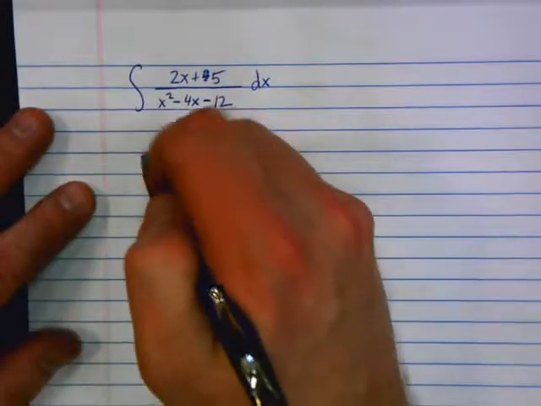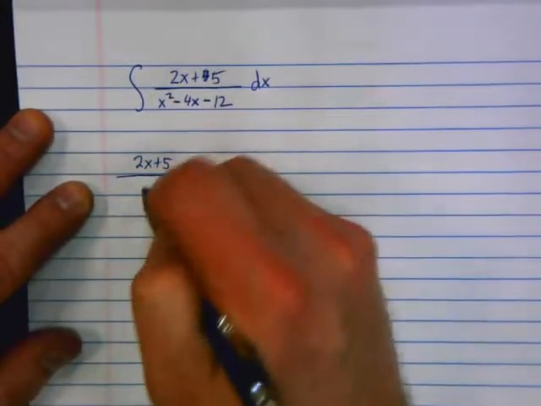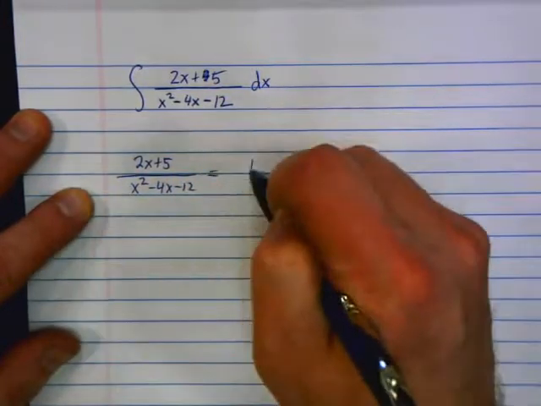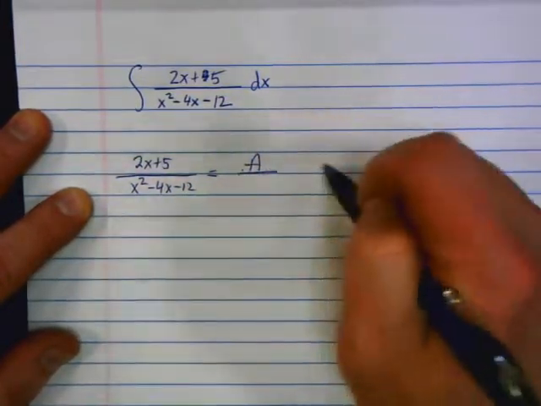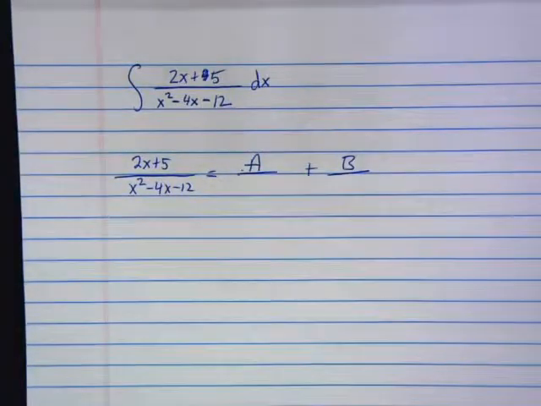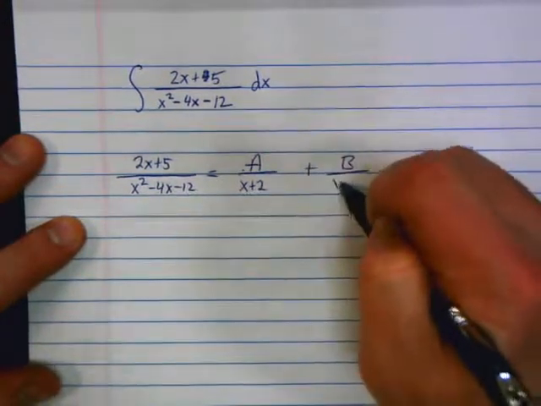All right, so what we're going to do is take 2x plus 5 divided by x squared minus 4x minus 12 equals a over something plus b over something. How does x squared minus 4x minus 12 factor? x plus 2 and x minus 6.